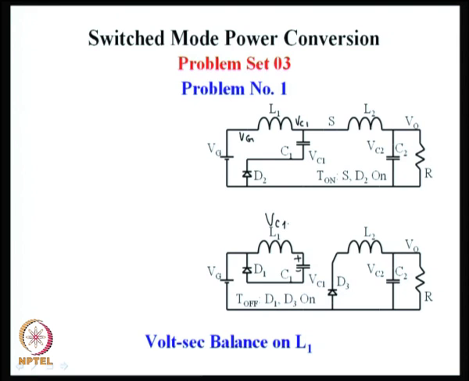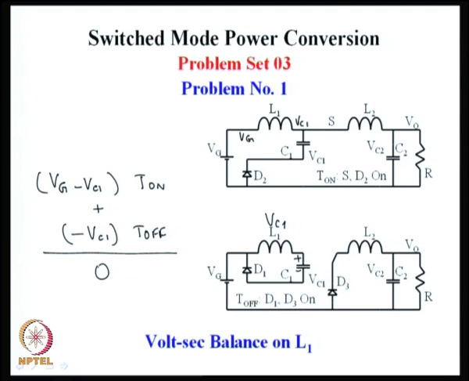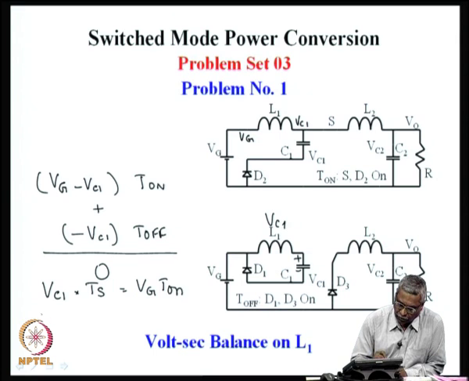So, we might say volt-second balance on L1 as Vg minus Vc1 multiplied by T on plus, in the off time it has only Vc1, but with minus on this side and plus on that side, into T off, this sum is equal to 0. So, from this it is possible to find out the condition that Vc1 into T on plus T off, which is Ts, is equal to Vg into T on, or we say that Vc1 is D times Vg.